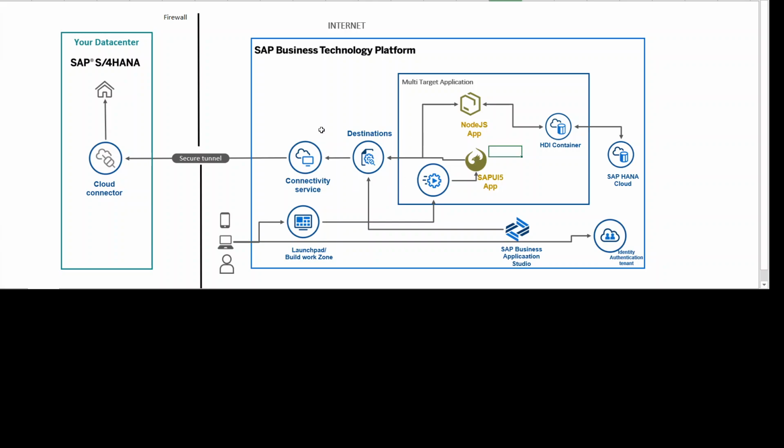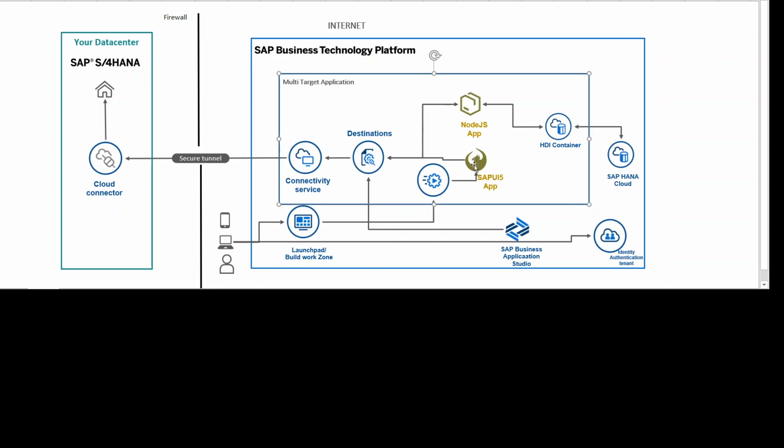Anything that is outside the space, outside the applications, is considered a subscription. Launchpad, Business Application Studio, HANA Cloud, all of these are subscriptions. Anything used inside the multi-target applications is a service instance, helping us use the modules.